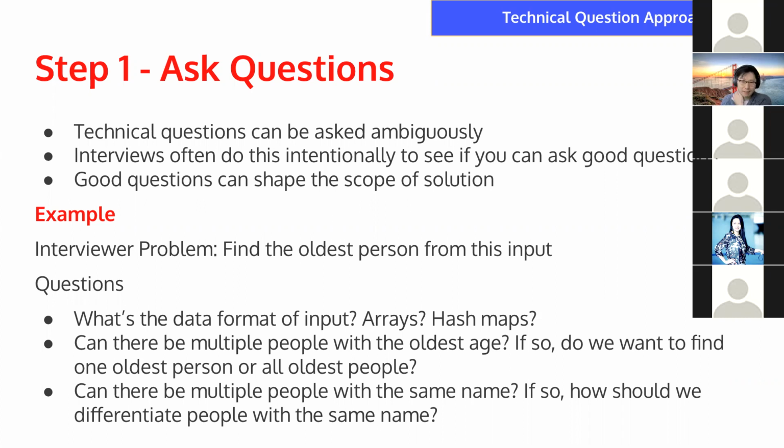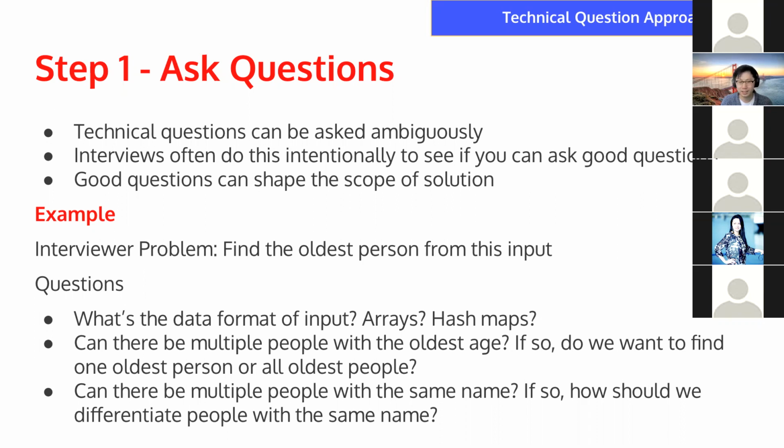You could imagine, just going back to that Michael Jordan example, if there are multiple Michael Jordans, how do you want to differentiate, right? And having that conversation with the interviewer could also shape how your solution will look. So for example, the interviewer might say, don't worry about it, for this case just assume that there's only going to be one person for each name.